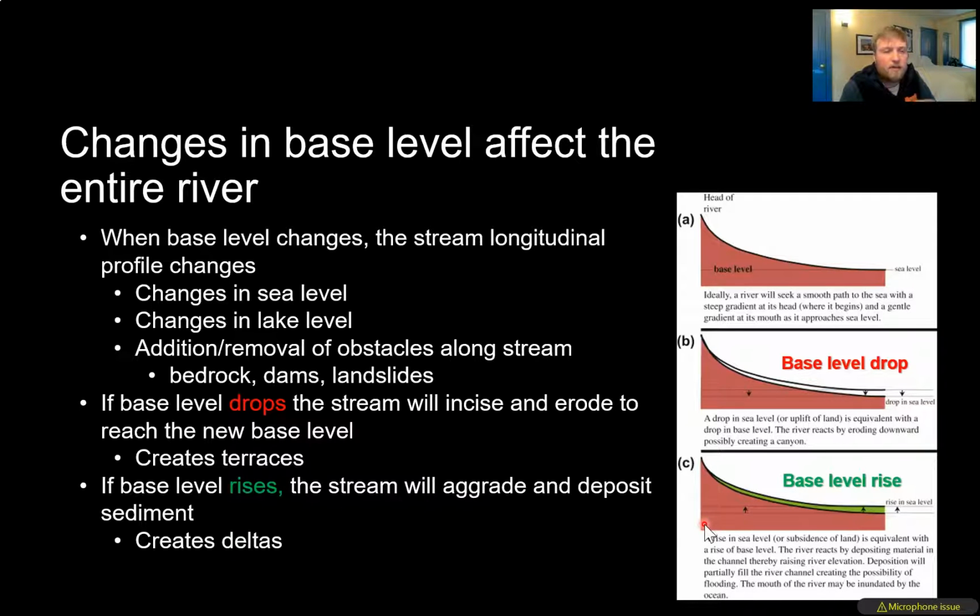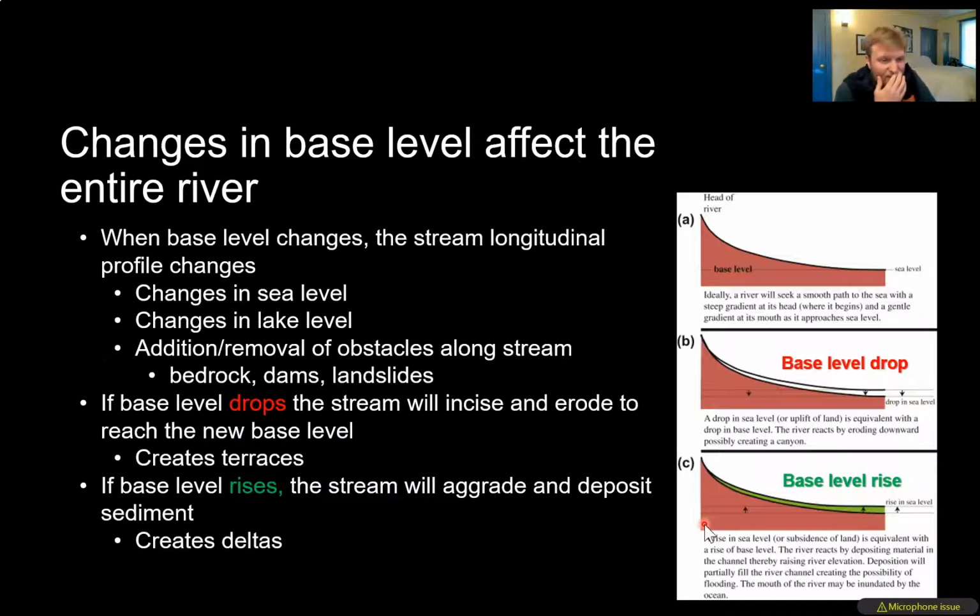So we have little changes in lake level all the time here at Lake Champlain, but we can also have bigger ones, right? And then also addition or removal of obstacles along a stream. So if you have bedrock, a cliff of bedrock, like a waterfall or rapids, you have the addition or removal of a reservoir and dam or landslides.